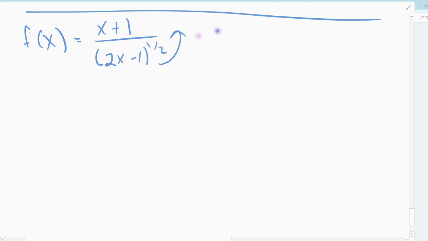Now, a different way you could do that is move that up. If I rewrite this, x plus 1 times 2x minus 1 to the negative 1 half, because I moved it up. Now I'm going to use the product rule instead of the quotient rule.